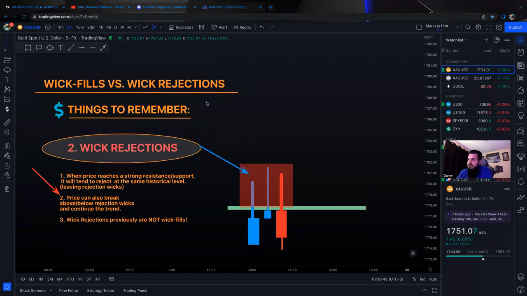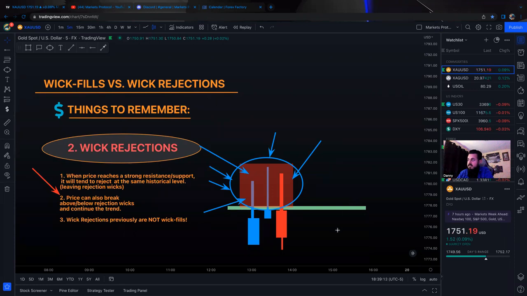If you remember the previous examples that we talked about for wick fills, those are legitimate wick fills. If this is a key area where price has rejected multiple times, remember, not one wick, you are seeing multiple rejection wicks. One candle here, second candle there, third candle there, leaving just massive wicks towards the upside. This is a rejection zone. These are wick rejections on the left.